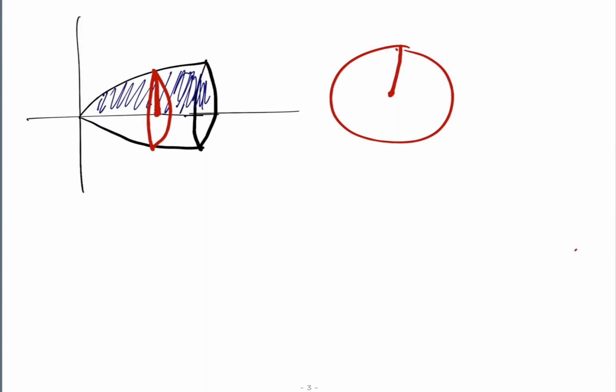So here, for example, what I need to know is the radius. So the radius is that right there. What is that? It's the square root of x sub i. The function is square root of x, so the length of this line is square root of x sub i. Does that make sense? Yeah?